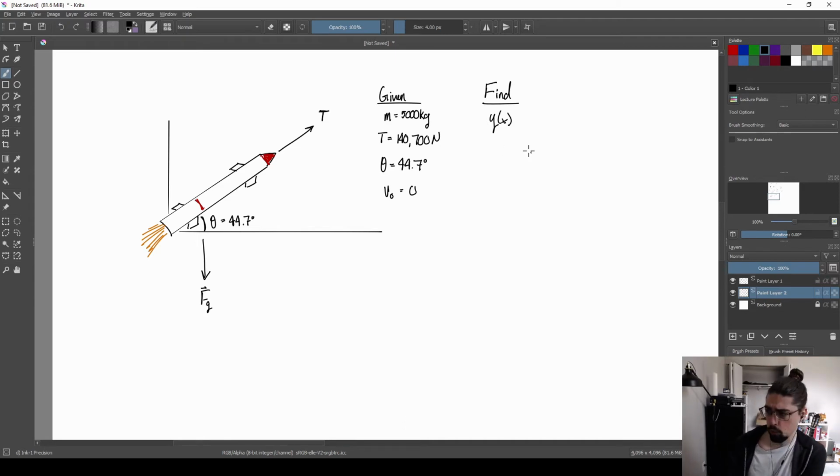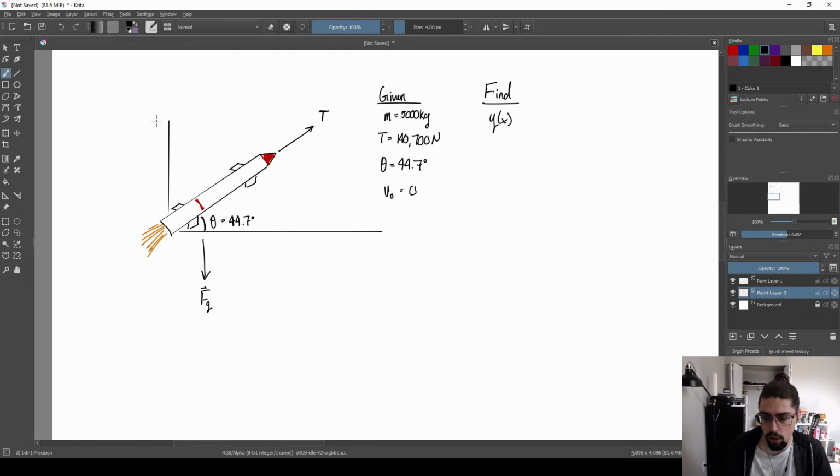So what I'm going to say with this one is that to find some sort of trajectory equation, I need to have an idea of what x is doing, I need to have an idea of what y is doing, and then I need to see if I can take those two things and wrap them up together in some way or another. So let me go ahead and do that. Let's look at the x direction.